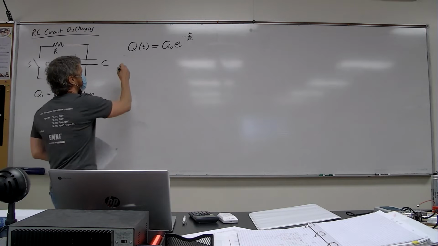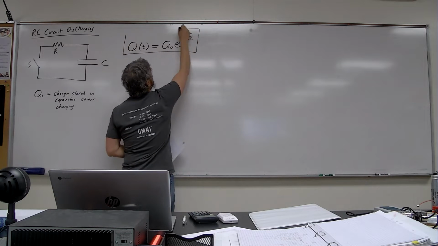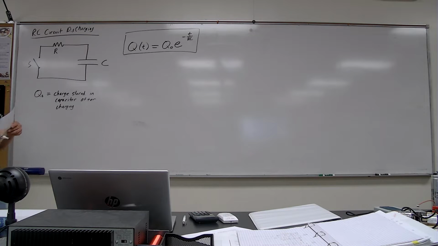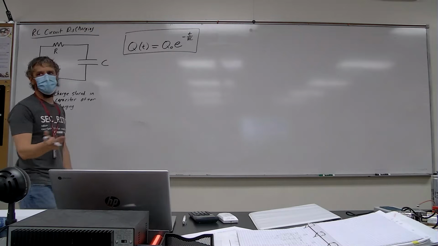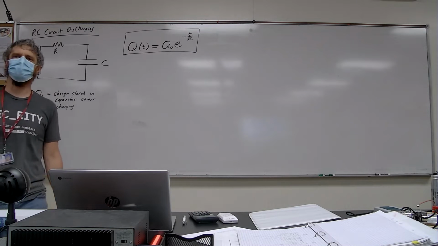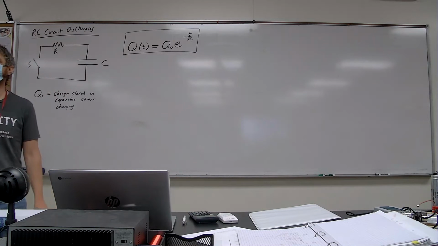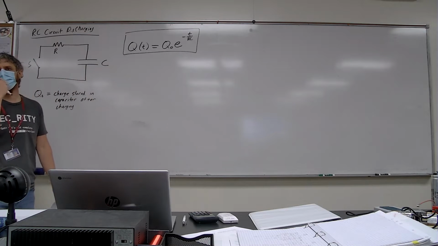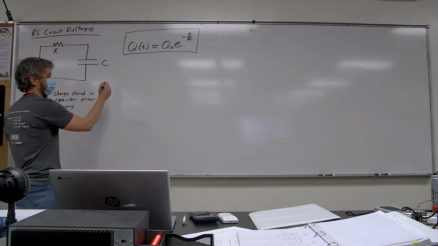And so that's the function that describes the charge stored on a capacitor as a function of time t after we've thrown this switch right here. And just like we did when charging, we got an expression for the charge, the voltage across the capacitor, and the current traveling through the circuit. Now we're going to find the equivalent equations for the discharging of the capacitor.